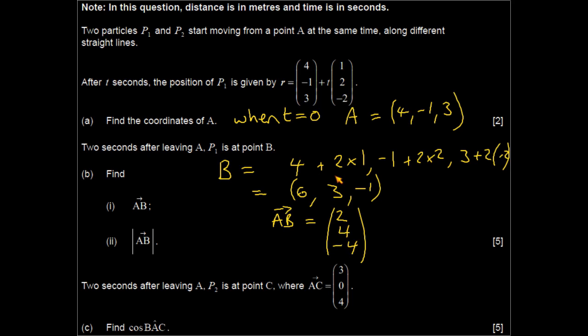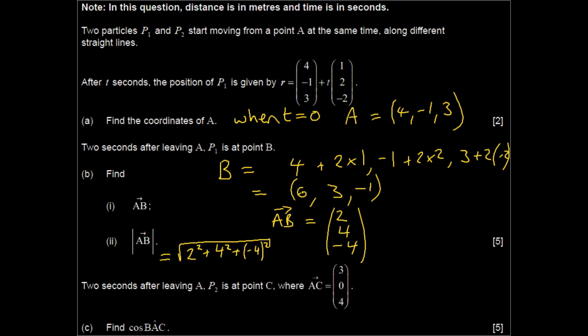Now, next we want to work out the modulus of A to B, so that's the length of A to B. So that's going to equal the square root of 2 squared plus 4 squared plus minus 4 squared.